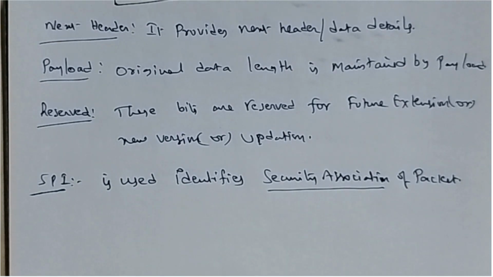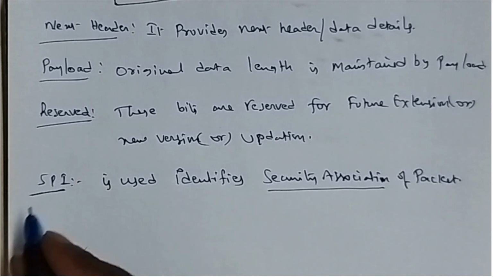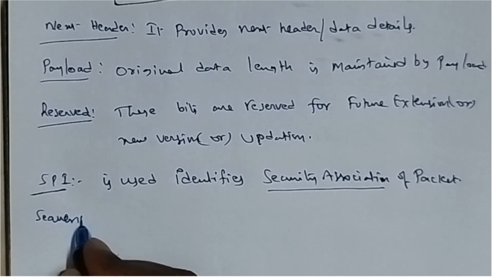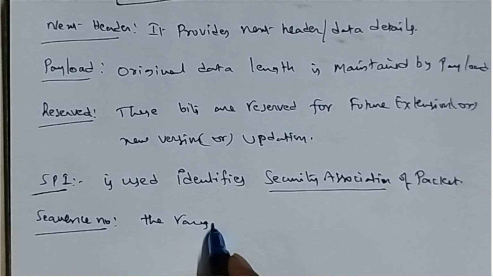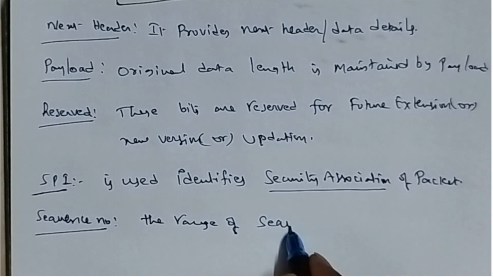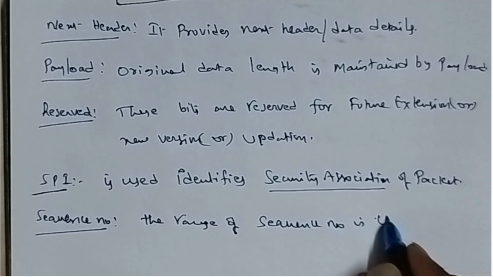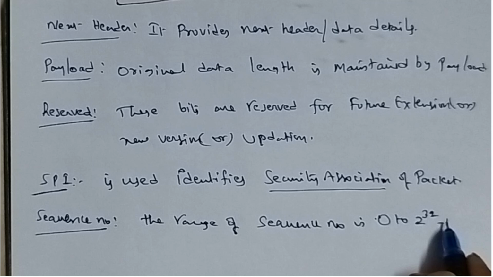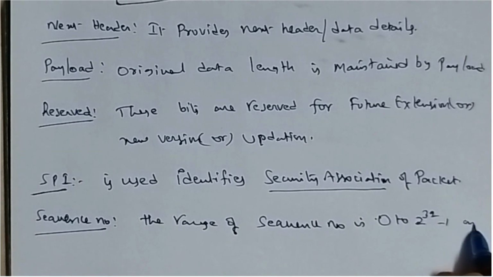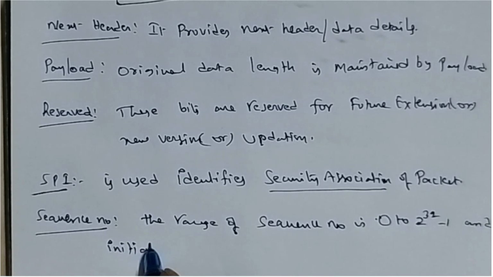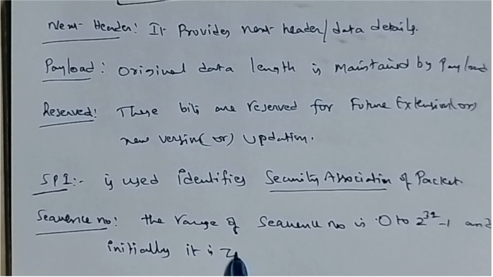Okay, the next one is sequence number. What does sequence number mean? The range of sequence numbers is 0 to 2 power 32 minus 1, and initially it is 0. Whatever data is transferred between client and server, the sequence number tells the order.